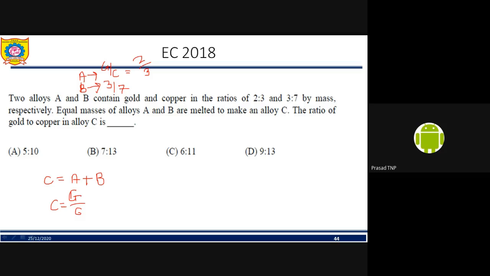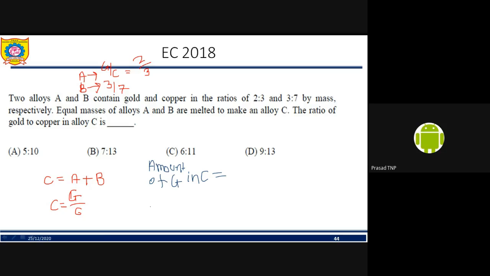So for this, we should calculate the amount of gold in alloy A and the amount of copper in alloy A. Here we will calculate the amount of gold G in alloy C. Similarly, we will calculate the amount of copper in alloy C. Then you will take the ratio.